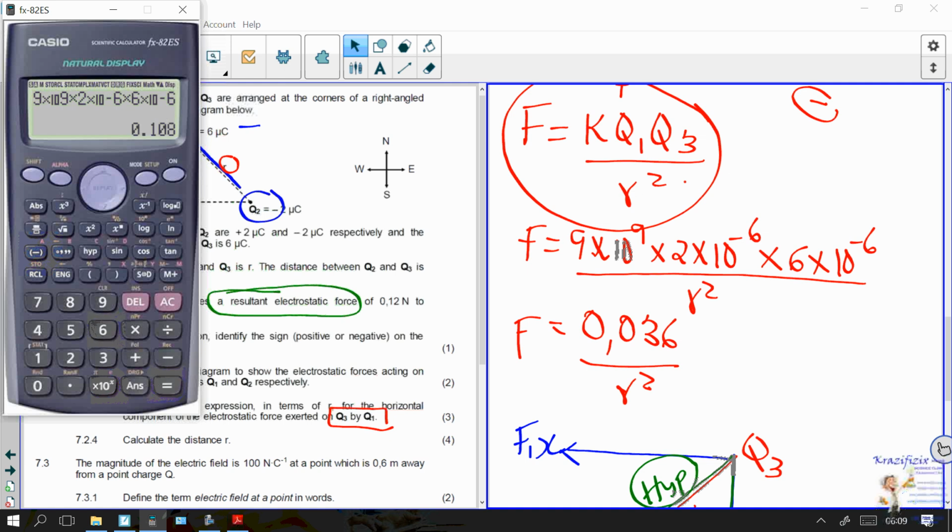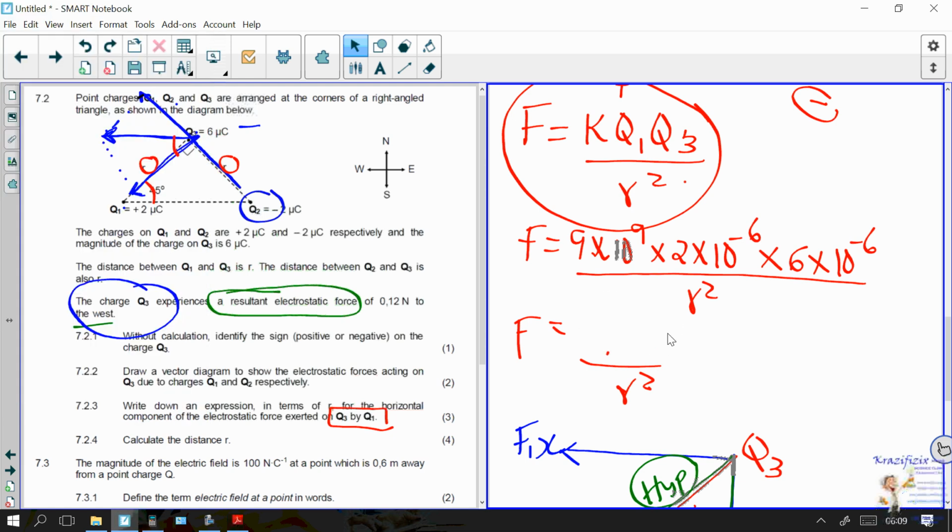That gives us what? Ooh, we made a mistake. I omitted something while I was trying to multiply: 9 times 2 times 6. 0,108. Oh, okay. I think I put a 2. 0,108 over r squared. I hope that makes sense.